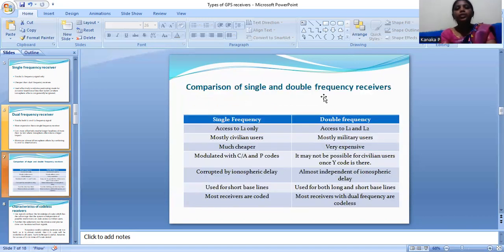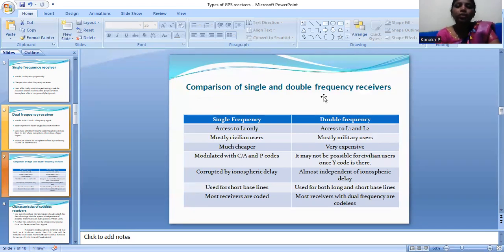Next is a comparison of single and double frequency receivers. Single frequency receivers access L1 only, while double frequency receivers access L1 and L2. Single frequency receivers are mostly used by civilian users, and double frequency receivers mostly for military purposes.